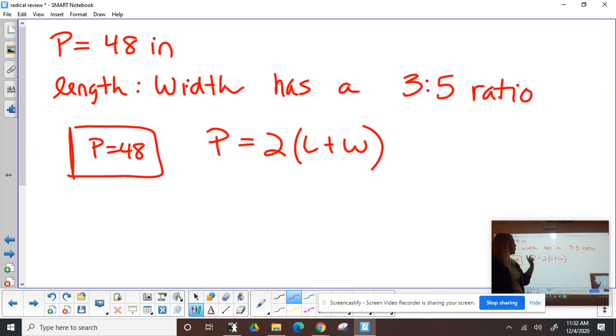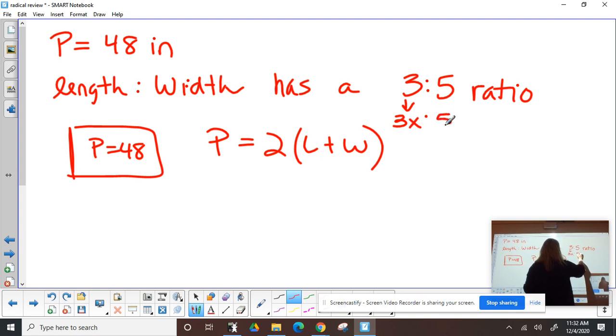So the ratio is 3 to 5. That means that anytime I increase my length by 3, I also increase my width by 5, which means we can set the problem up as the ratio being 3x and 5x. So anywhere I see a length, I replace it with 3x, and anywhere I see a width, I replace it with 5x.